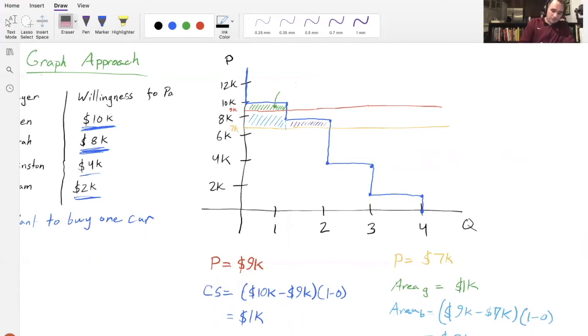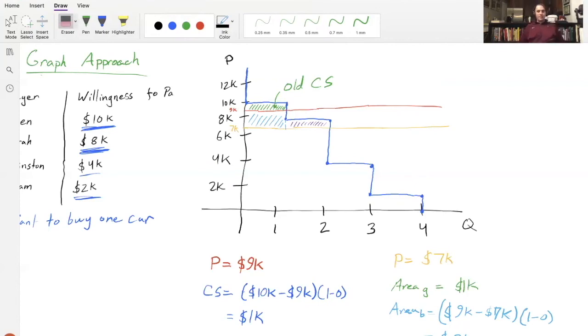Well, before, when the price was 9,000, the only consumer surplus was this green area. That's all the old consumer surplus, or in other words, it's the consumer surplus of people who previously entered. Or sorry, let's just say old consumer surplus. I think this is actually easier to think about. This is our old consumer surplus.